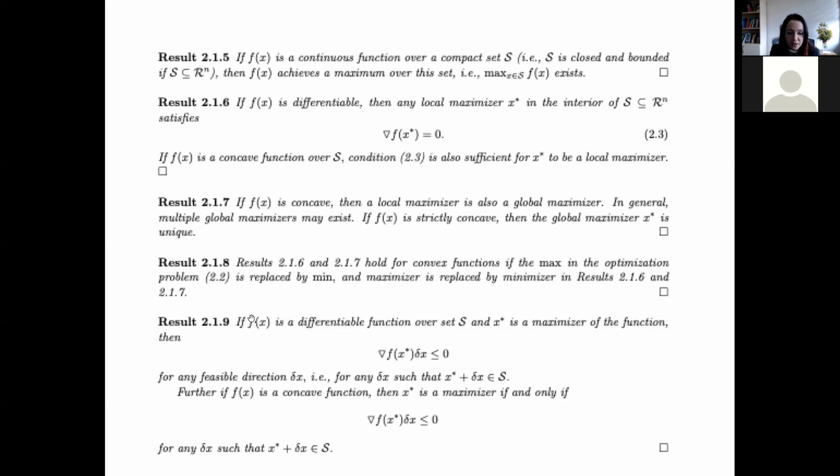Now the next result, and we are stating all of these results with no proof, but I strongly suggest that you read the proofs in the textbook.